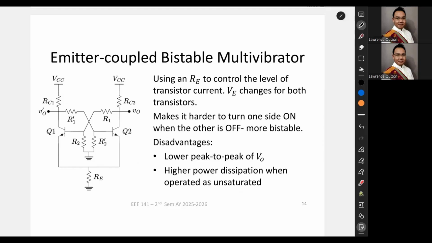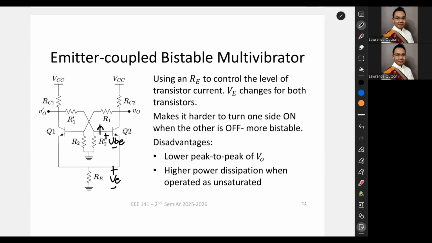So now it makes it harder to turn one side on when the other is off, which makes the circuit more bistable. Why? Because now you have some sort of VE that is above ground. If this VE is above ground, then it's harder to turn this on because you need a higher VB to overcome VBE, right?